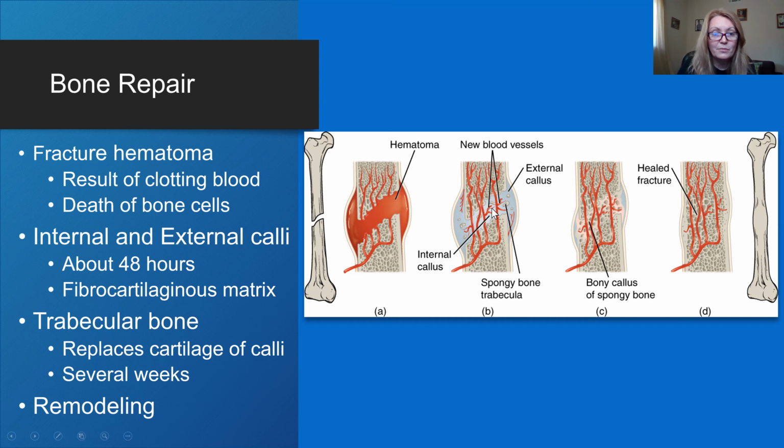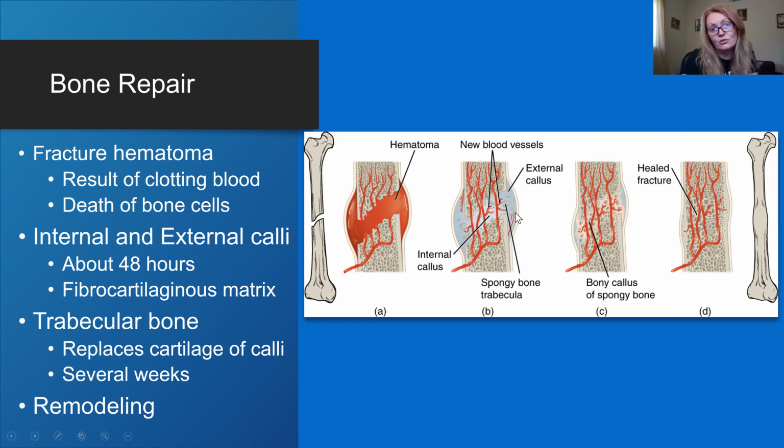Then you have a formation of calli. Calli is plural, callus is singular. So you have internal and external callus, and this is fibrocartilaginous matrix. So you fix your bone with the cartilage first. I guess this cartilage helps bone a lot. So you fix this fracture with the cartilage and collagen fibers.